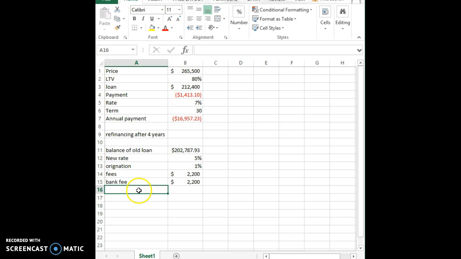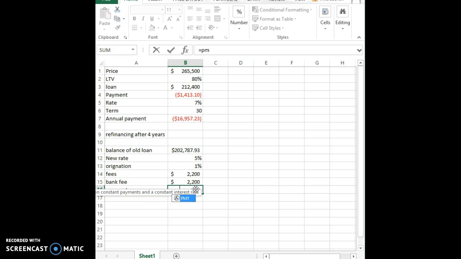Now what I want to do is calculate the new payment. To calculate the payment, you have to use the payment function once again. For the rate, we're going to take the new rate and divide that by 12.